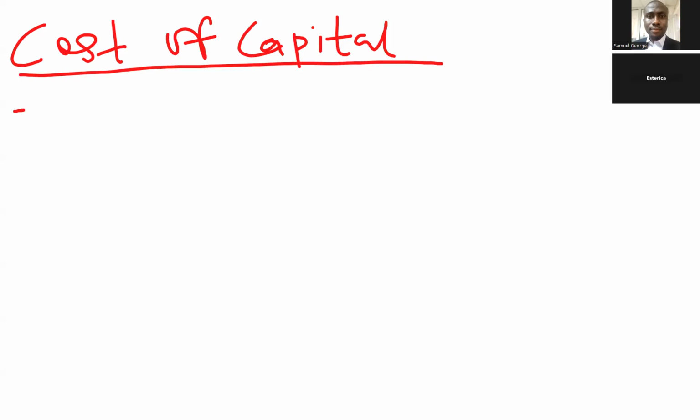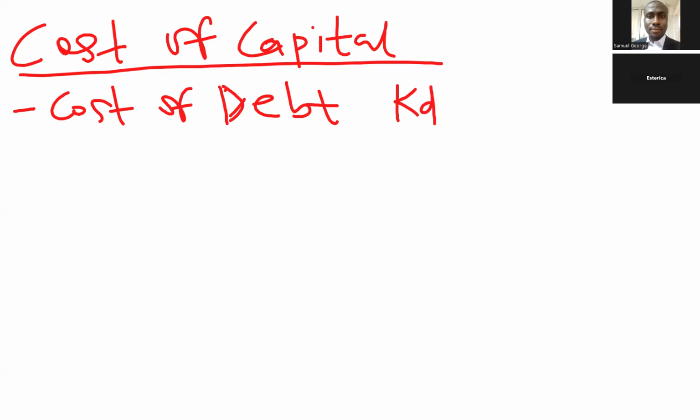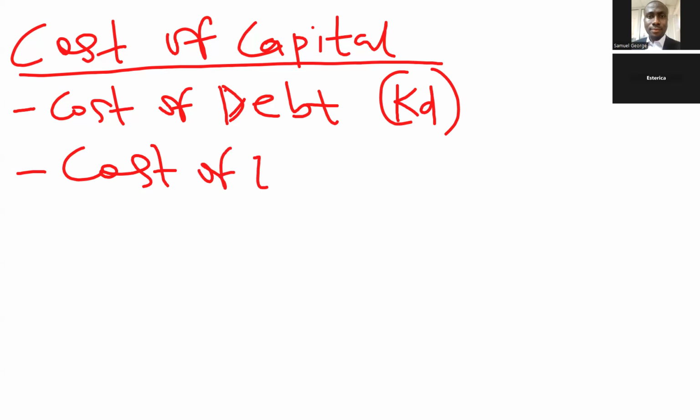We refer to cost of debt. That is KD, discussed it. We're referring to cost of equity, that is KE.